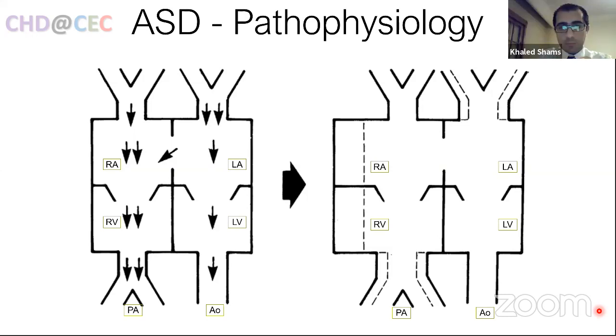In this subgroup where patients have big ASD and have been like that for a really long time, remember that the more the volume, the more the size of the chamber. So LV has never seen a lot of volume, and so the compliance in these patients is actually quite low.